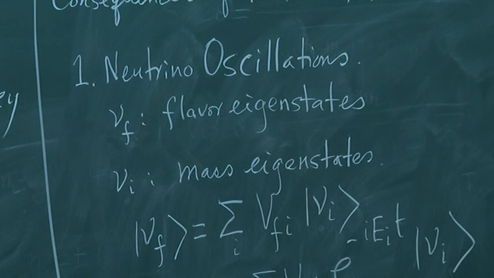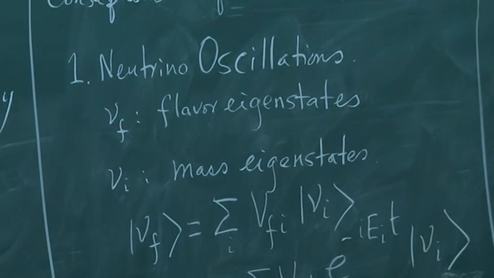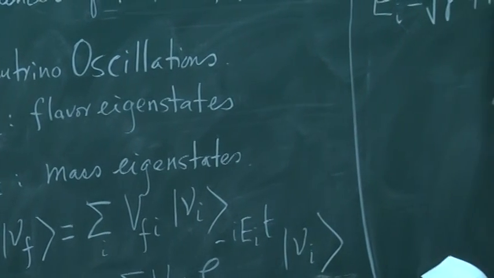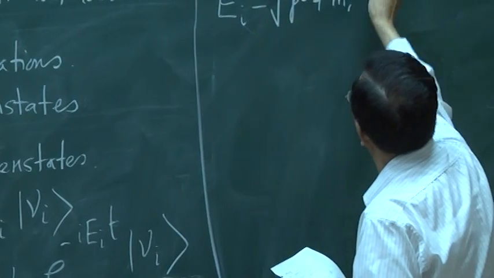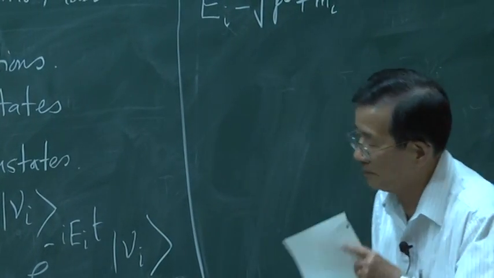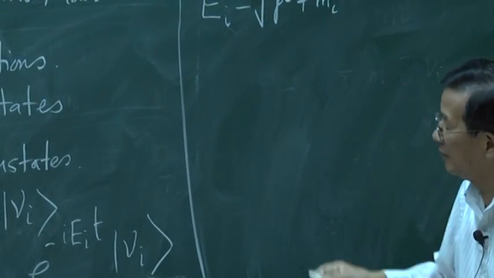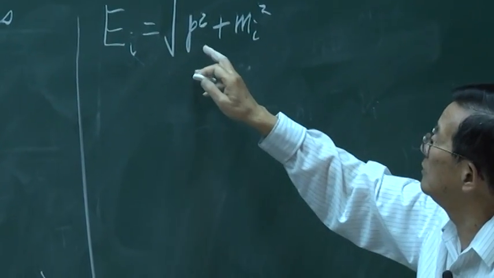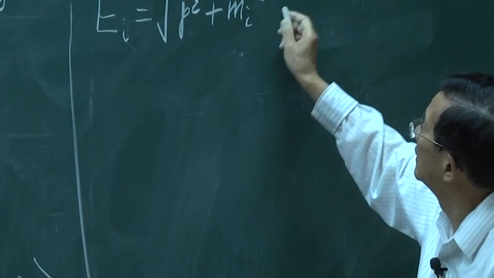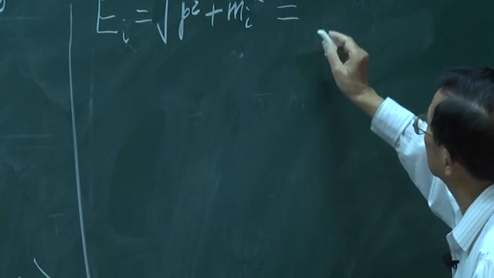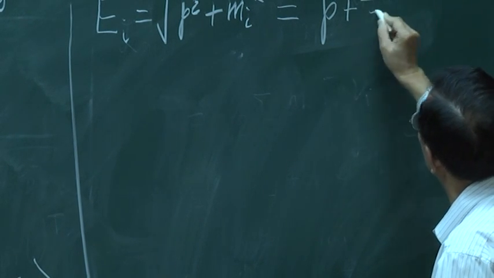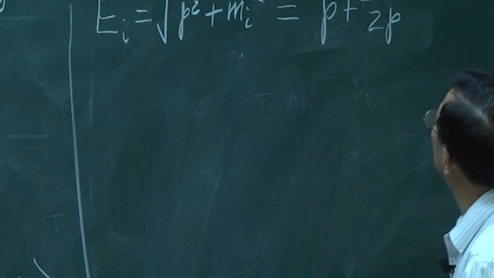Okay? And E i is equal to the square root of momentum p squared plus a different mass m i squared. And it turns out the neutrino masses are very small, so we will assume that the momentum is much higher than the mass. So I can do the power series expansion: p plus m i squared divided by 2p. Okay?